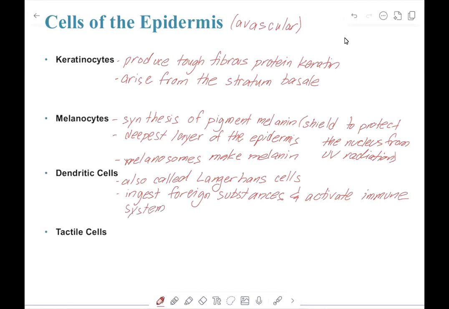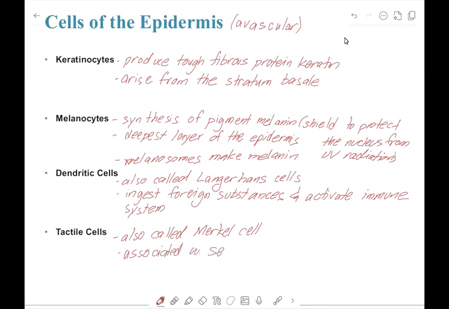And then finally, the last cell is called the tactile cell, and it's also called the Merkel cell. It's going to be associated with nerve reception.